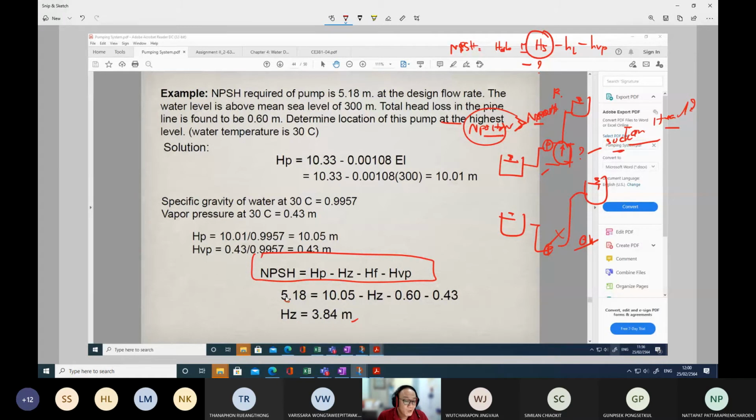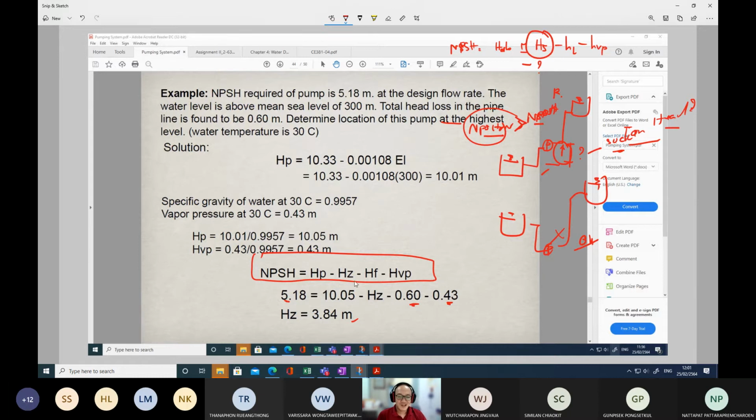You can make it 4, or sorry, you can make it 6. It depends on your assumption. Then find out the absolute pressure, find out the loss, and then find out the vapor pressure.